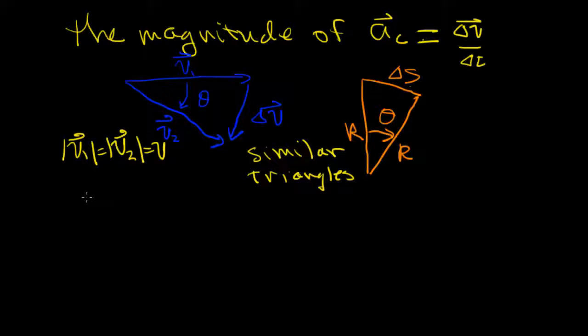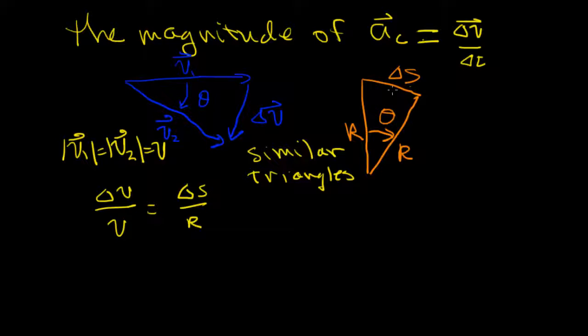And what that means is that the ratio of corresponding sides of similar triangles is the same. And so if I just write the length of these sides as the magnitudes of these vectors, I can say, look, the magnitude of the change in velocity, or delta v, divided by v is equal to delta s divided by r, right?